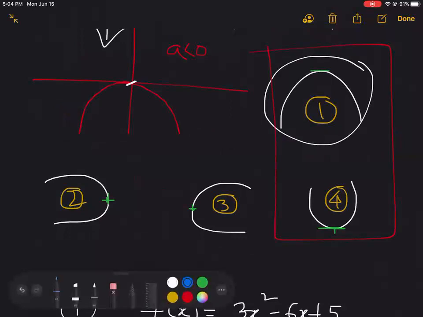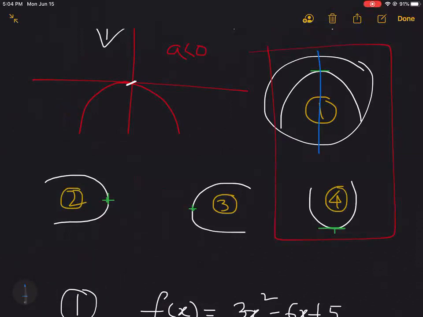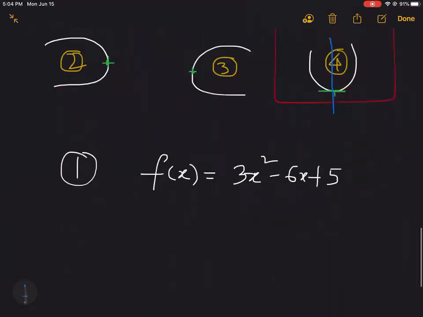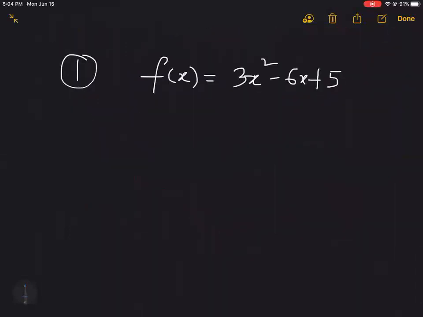So for this one, that's your vertical line which goes through the vertex. So that's your axis of symmetry, okay? We'd like to calculate that.